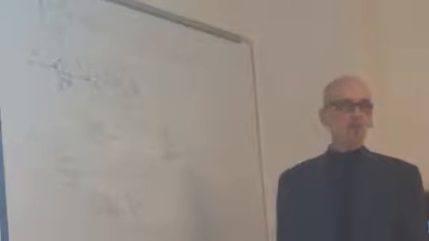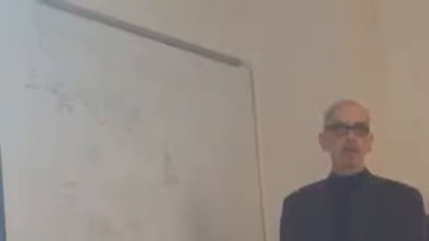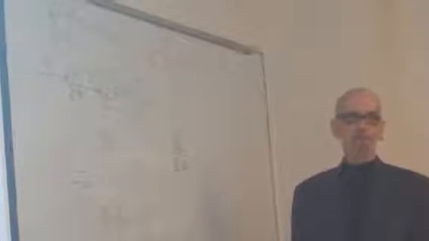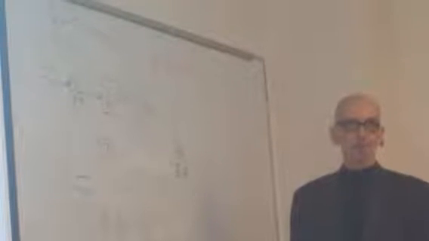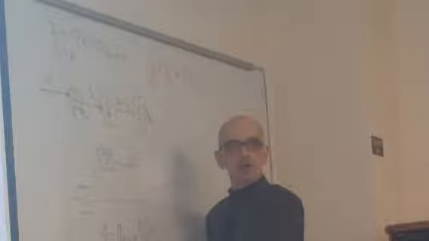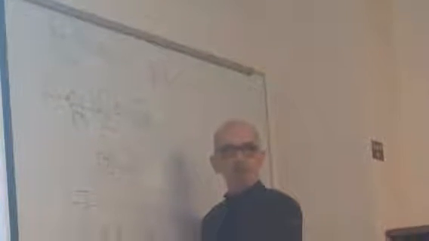So what's the transfer function matrix between U and X? Let's take the transfer function of this. What happens to this thing when you take the Laplace transform under zero initial conditions?